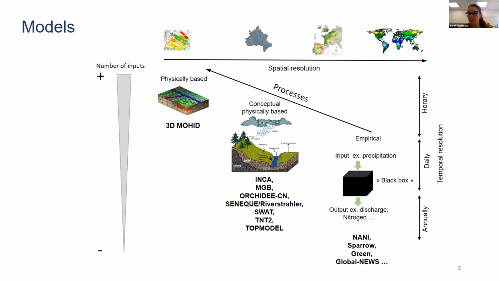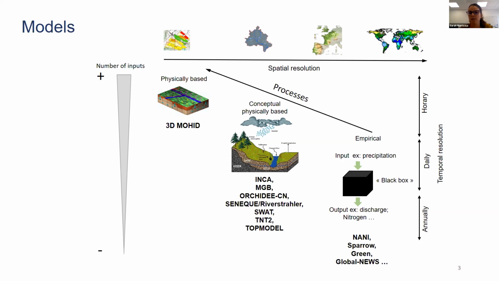There are several types of models. There are empirical models that are based on observation, and the variables to explain are directly linked to explanatory variables. On the other side, there are physically based models that are based on physical laws and are more adapted to small scales.